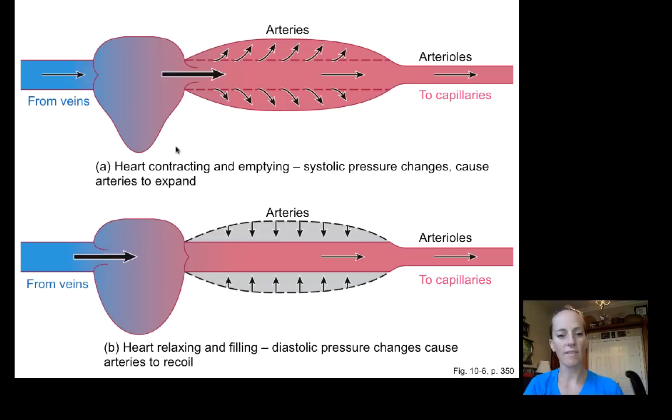And then when the ventricle relaxes, goes down to low pressure, the whole system could go down to very low pressure, but because the artery then recoils, it pushes blood as the ventricle is relaxing, and that continues to maintain pressure through the system. So if you don't have this recoiling of the arteries, you can have dangerously low blood pressure during the relaxation or diastolic phase.